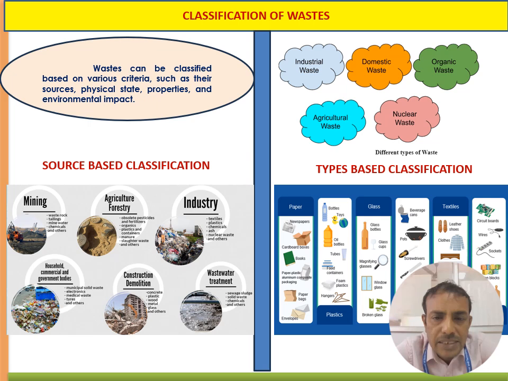So these are the best examples for source-based classification. As for the type-based classification, it can be classified as papers, bottles, glass, textiles, beverage glasses, and dead animals. So these are some of the examples for type-based classification.